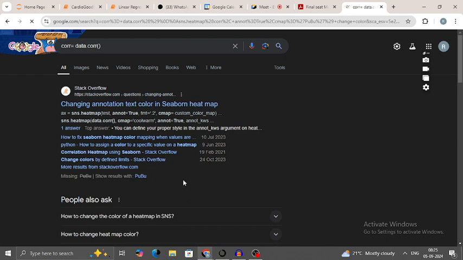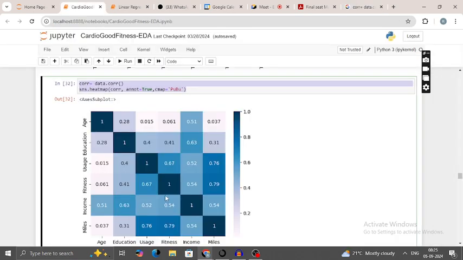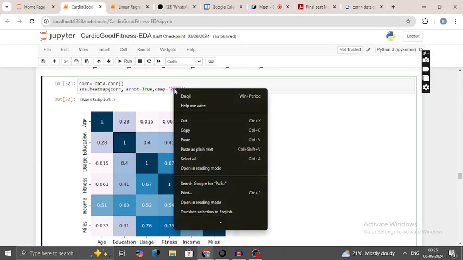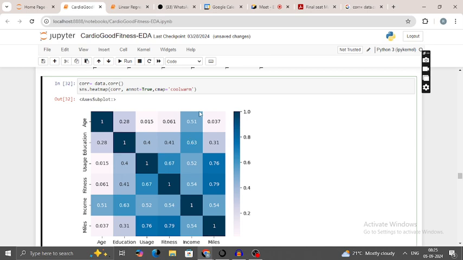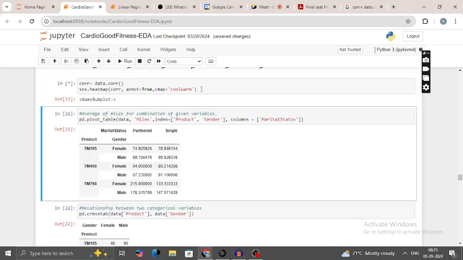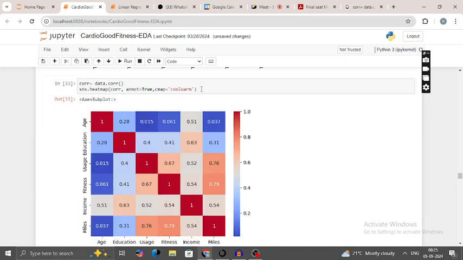So let us say the coolwarm color map. What is this color? Let us check. Coolwarm. Okay, now it looks fine. So you can check the heat map, something like this, with different correlationship.